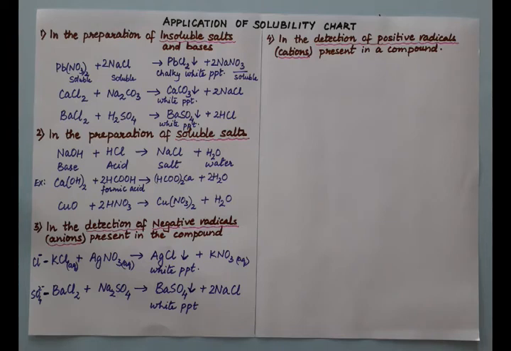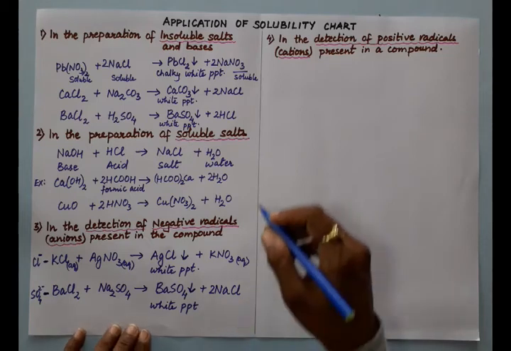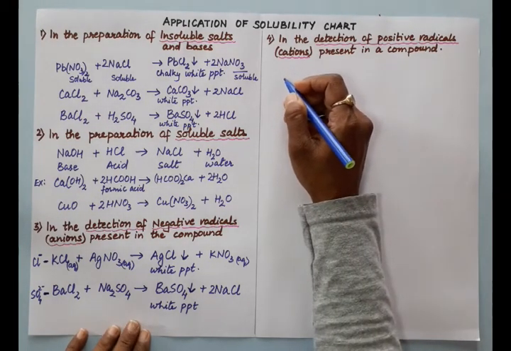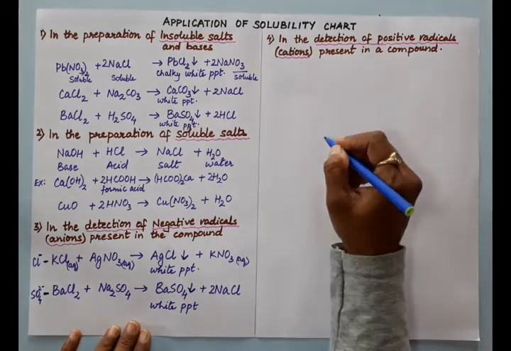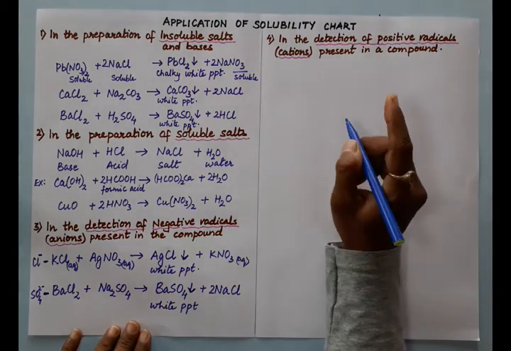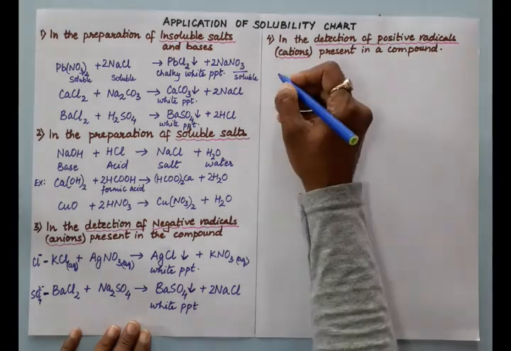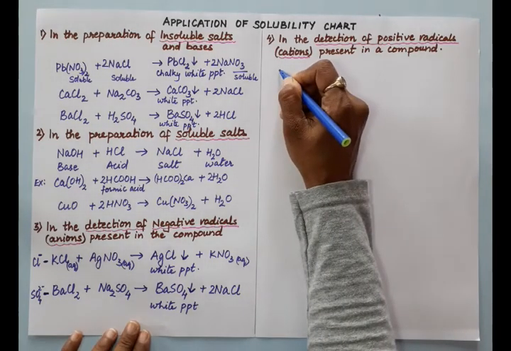When we add sodium hydroxide, in little amount until in excess, to the salt solution taken in the test tube, we see different colored precipitates, which help us to identify the cation. The reaction shown here is a precipitation reaction.